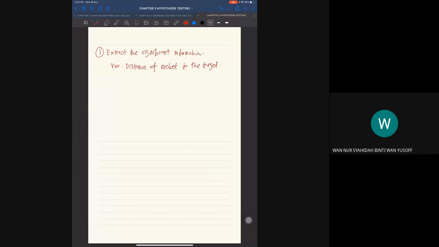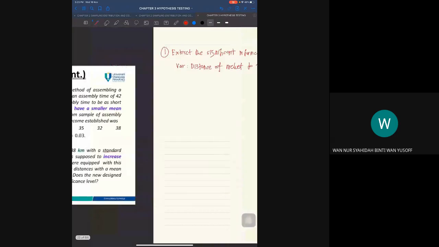Okay, and then we go to the information. The rocket meets its target by an average of 0.88 km with a standard deviation of 0.04 km. And then we have a new design rocket that is supposed to increase the accuracy. A random sample of 30 locations was occupied with this new rocket to test it.